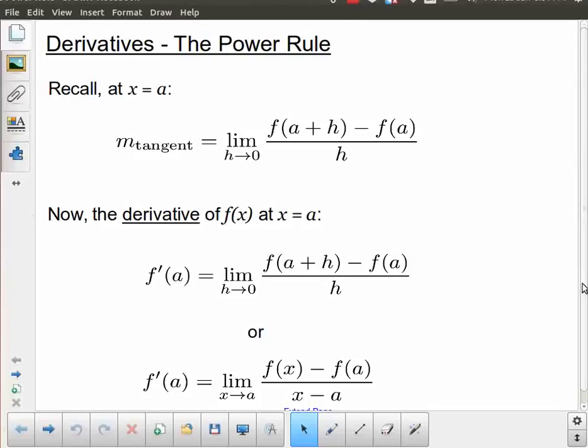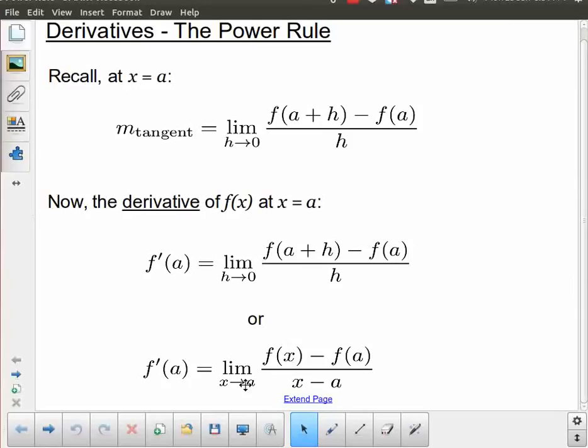When we talked about limits, we did introduce an alternate notation. Instead of saying that h approaches 0, what you can actually do is say that the denominator is x minus a, but as x approaches a, the difference x minus a is going to become vanishingly small. In other words, it's going to approach 0.